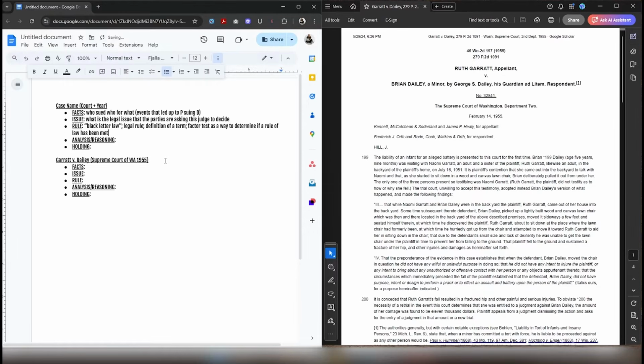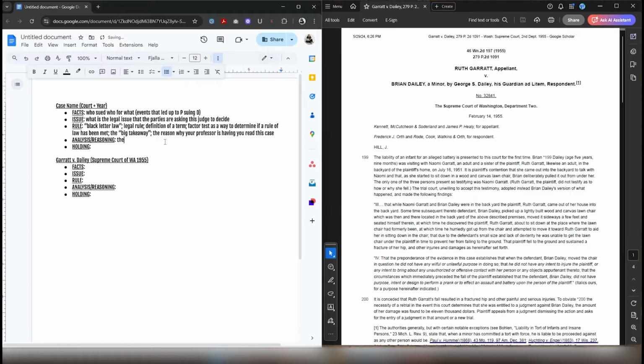So the way that I like to think of rule is kind of generically as the big takeaway from the case. The reason why your professor is having you read this case, which I know is not the most descriptive, clean way to describe it, but the rule can be a bit fluid. And so we're looking for the big takeaway, the reason why your professor is making you read this case in the first place.